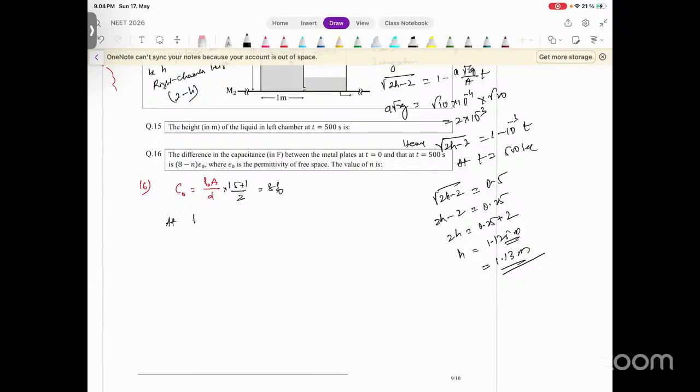Then at t equals 500 seconds, the left liquid height is approximately 1.125, isn't it? So the right height will be equal to 0.875.